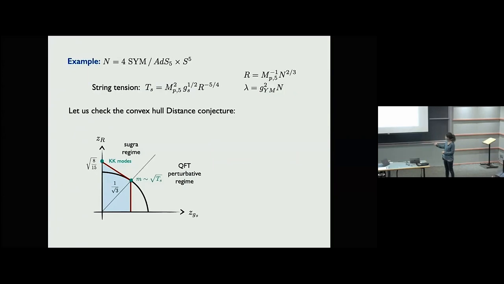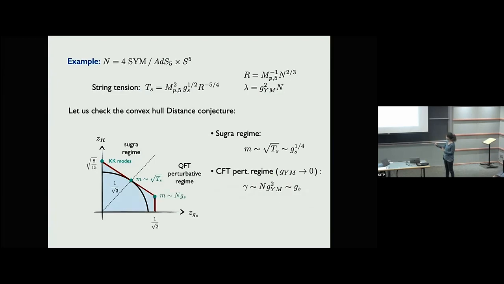Here you get the Kaluza-Klein modes, you get the string modes. This is where the string modes would be, saturating this according to supergravity. Before, in type IIB, the point is that this was satisfied because we had the winding modes, but here we don't have these winding modes. So if this was everything, this would be violated. But of course, as you move to this regime, this supergravity formula is not valid anymore for the string modes, and you have to quantize the string on a highly curved AdS.